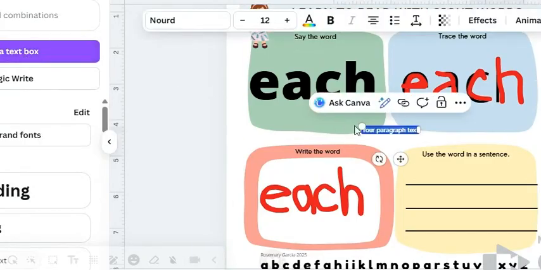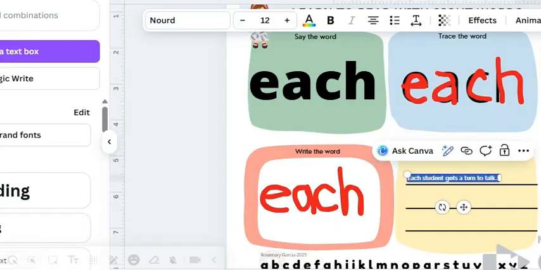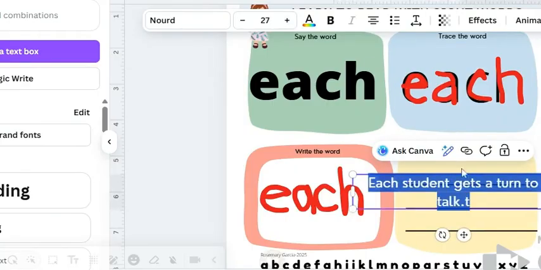And I'm going to flip over to type in some text here. And we need to write a sentence. So I'm going to write the sentence, each student, E-A-C-H, capital letter because I'm starting the sentence: Each student gets a turn to talk.